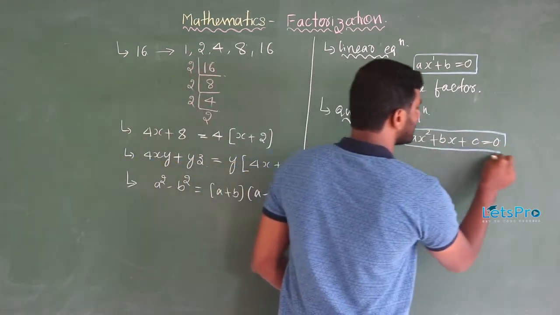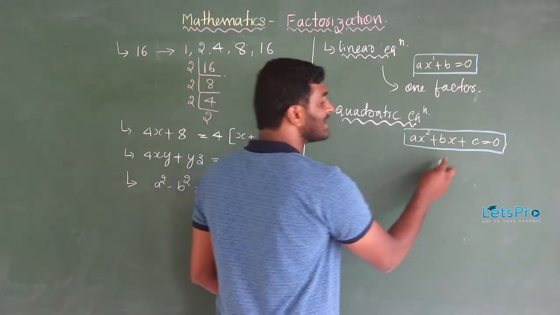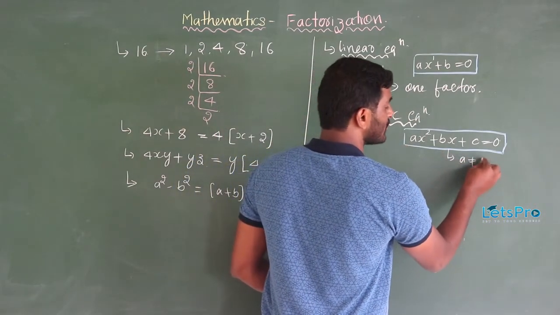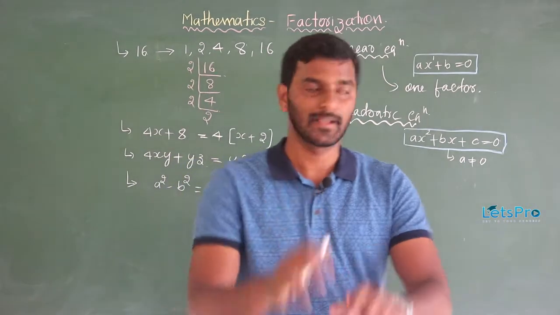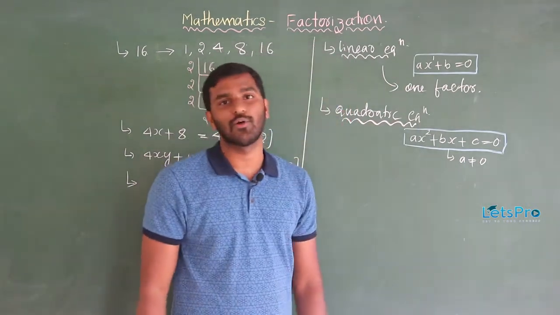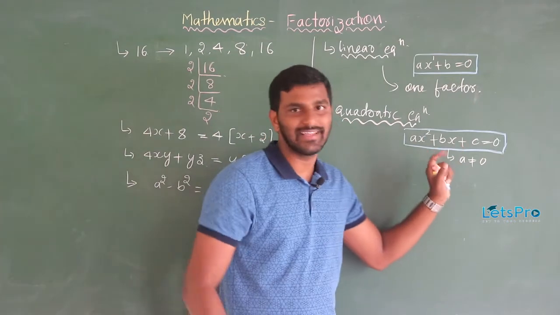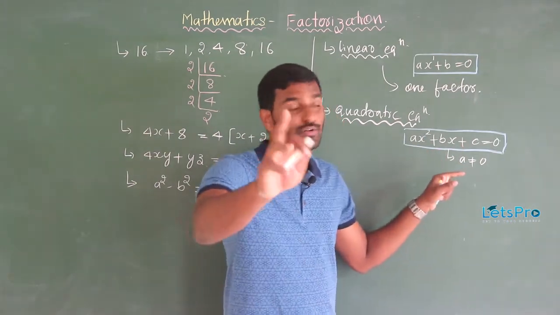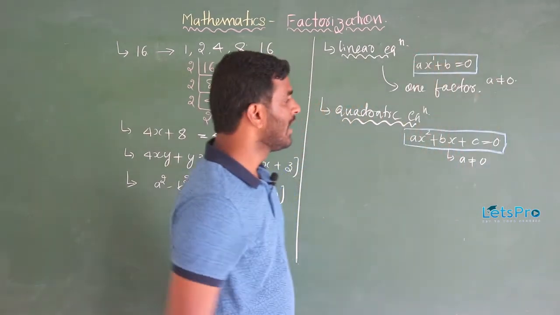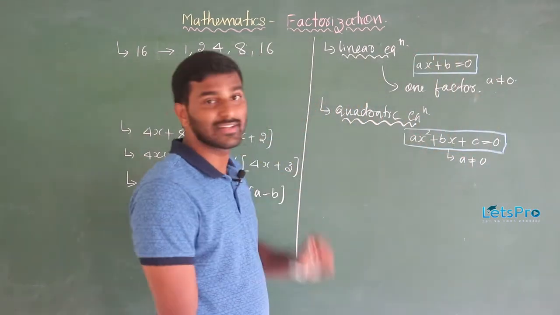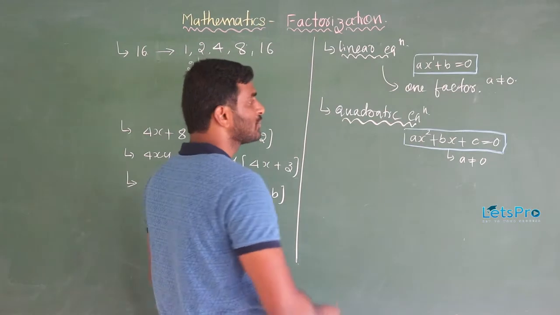Here we mainly need to observe that a should not be equal to 0. If a is equal to 0, it will not be a quadratic equation. But a, b, c are any constants, while a is not equal to 0. Then how many factors do we get in the quadratic equation? Yes, there are 2 factors.